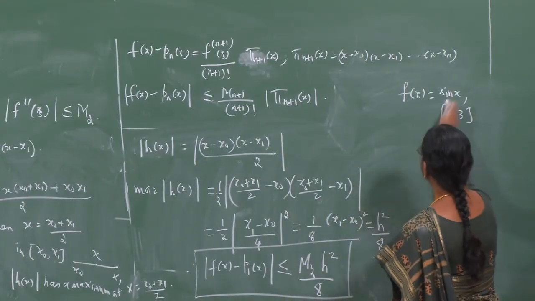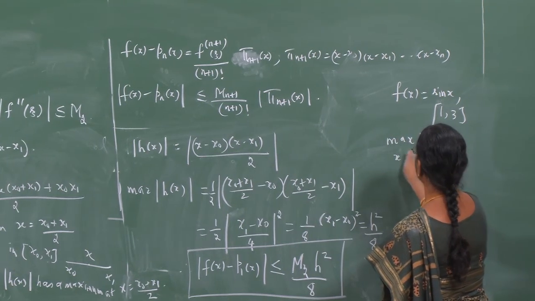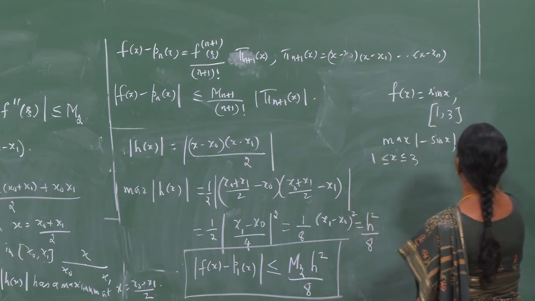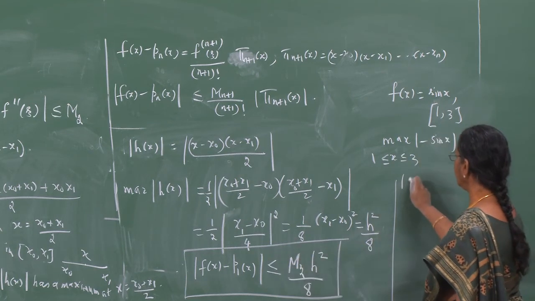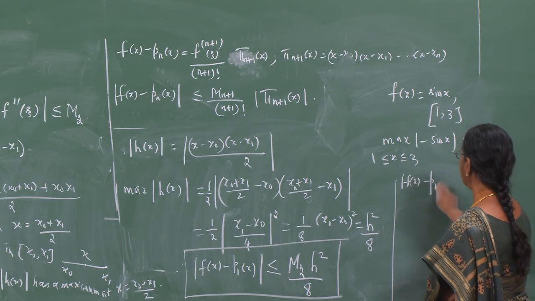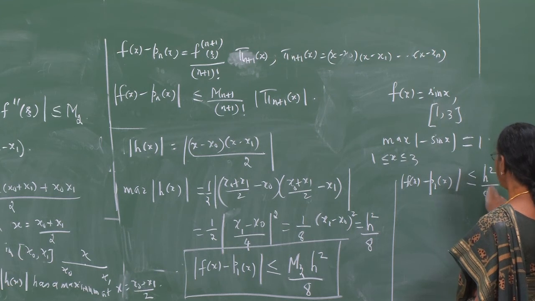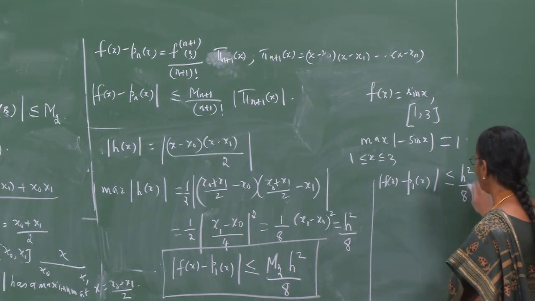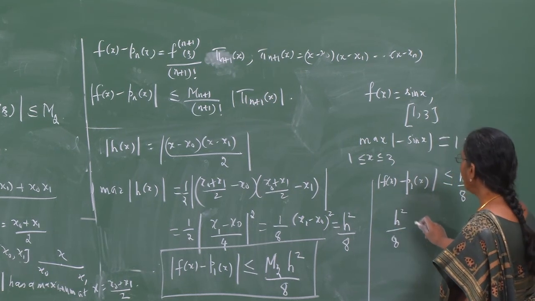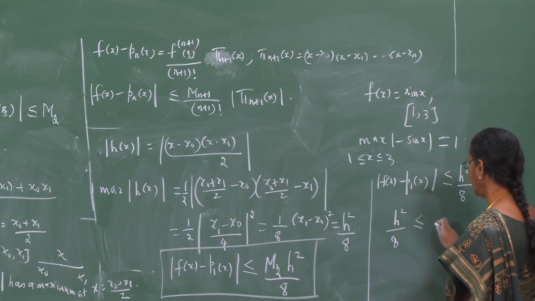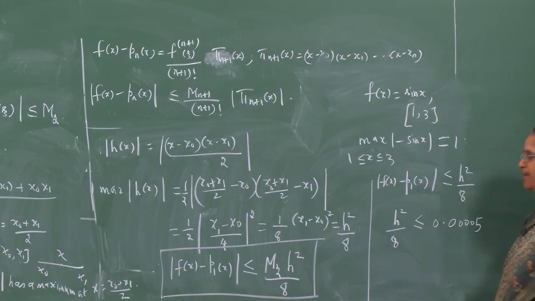So, as before, we have the maximum of modulus of minus sin x for x lying between 1 and 3 will be equal to 1. So, I directly make use of this. Modulus of f of x minus p1 of x is less than or equal to h square by 8 into 1, and my h should be such that h square by 8 into m2, which is 1, is less than or equal to 0.00005, correct to 4 decimal places.